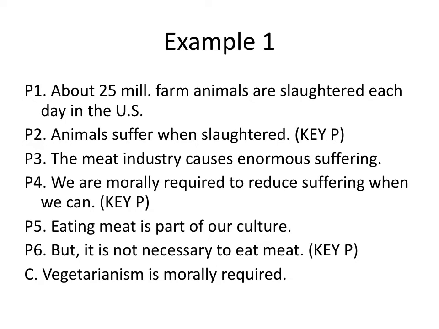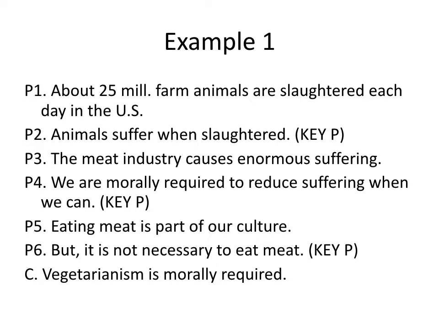Okay, so after reading the argument, you should see that P4 is really the heart of this argument. It says we are morally required to reduce suffering when we can. If that's true, and if it's true that animals suffer when slaughtered, then we should reduce that suffering as long as we're able to.